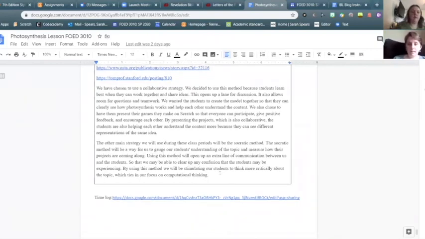And the other main strategy that we're going to be using during these class periods is the Socratic method. This is a way for us to gauge how our students are understanding the topic and measure how the projects are coming along. This method also opens up an extra line of communication between us and the students that may not have been there before.